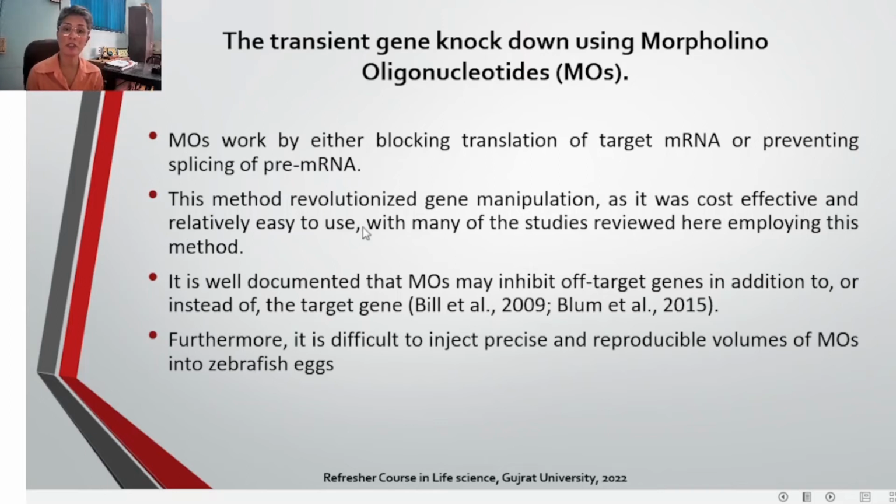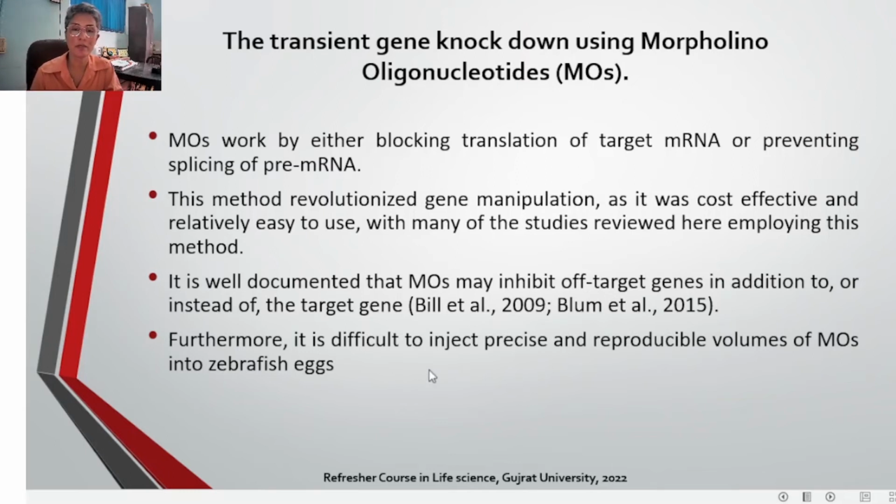This method revolutionized gene manipulation as it was cost-effective and relatively easy to use, with many of the studies reviewed here employing it. It is well documented that MOs may inhibit off-target genes instead of the target gene also. Sometimes a different gene will be targeted in this type of morpholino oligonucleotide gene knockdown system.